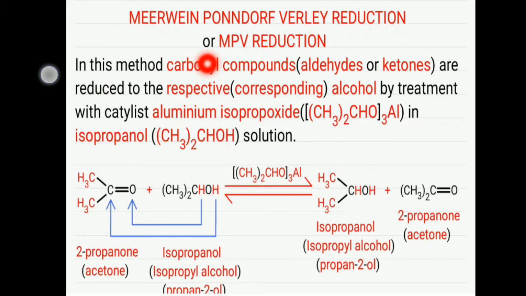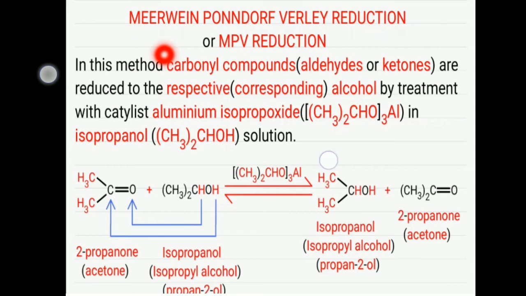Whether you take an aldehyde or ketone, it is reduced by isopropyl alcohol in this way: hydrogens of isopropyl alcohol add to the carbonyl group to give alcohol, in the presence of aluminium isopropoxide.